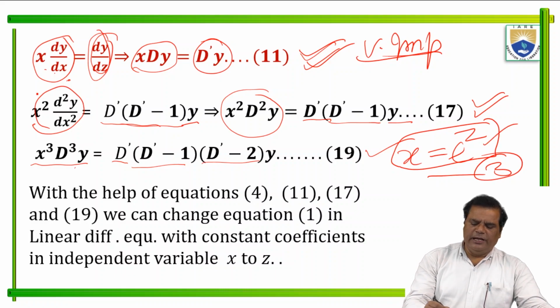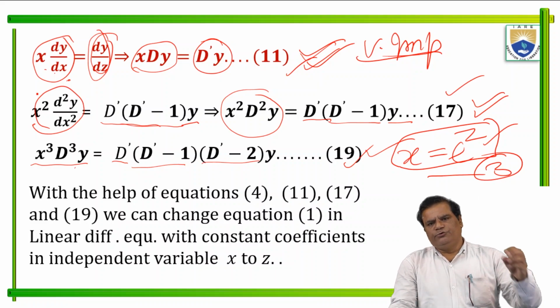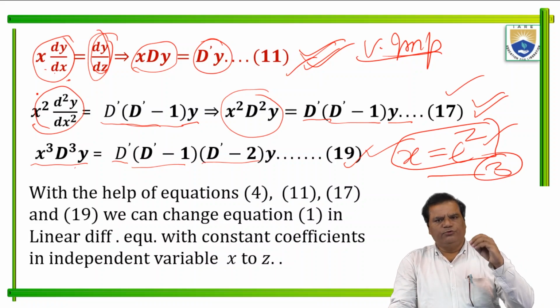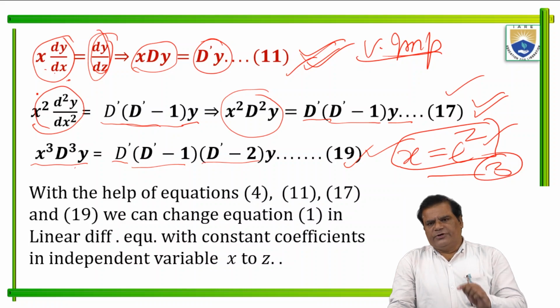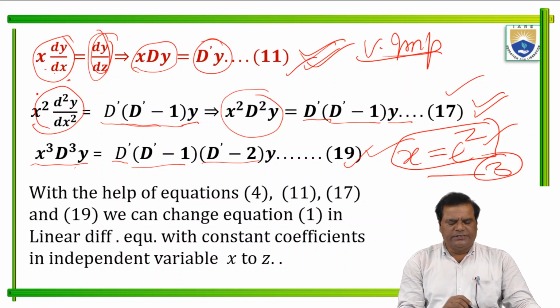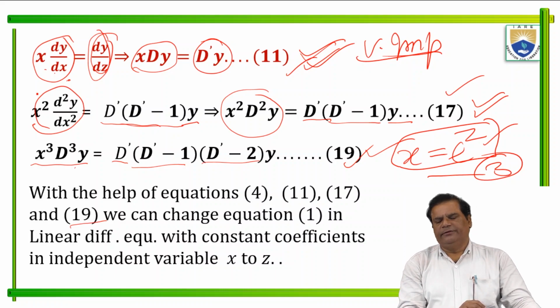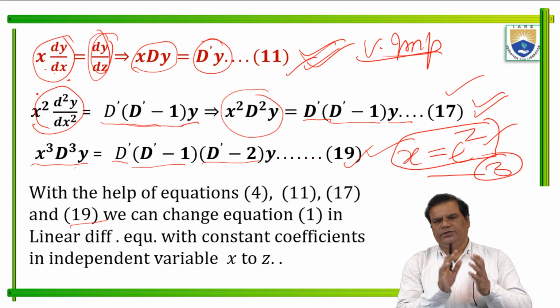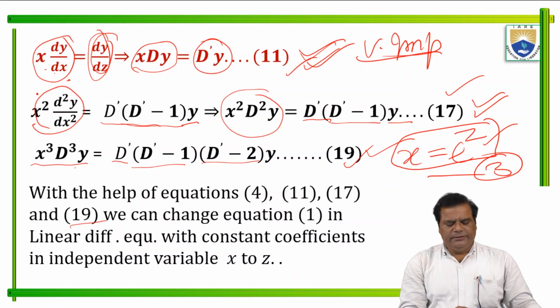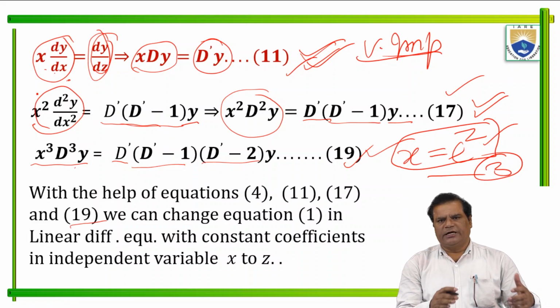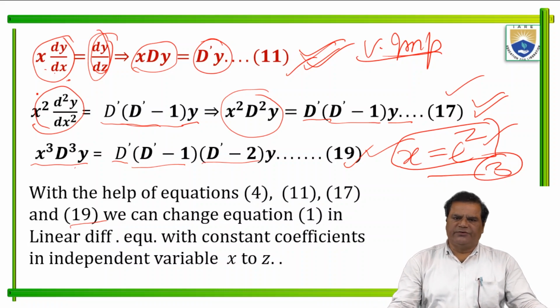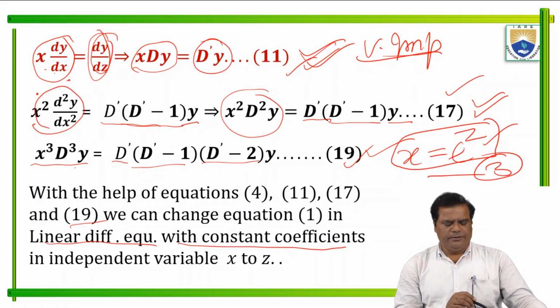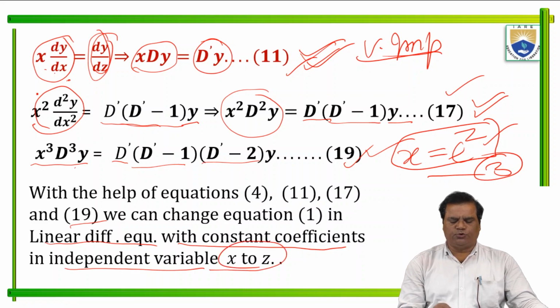With the help of equation 3, equation 11, equation 17 and equation 19, these four formulae, we can change the given Cauchy Euler homogeneous differential equation into a linear differential equation with constant coefficients, with the independent variable changed from x to z.